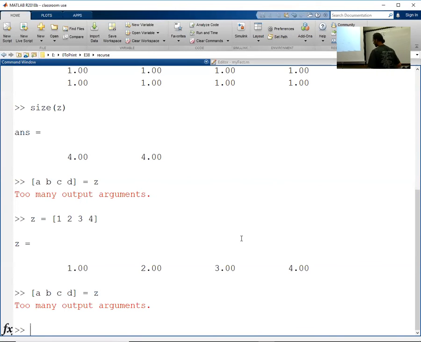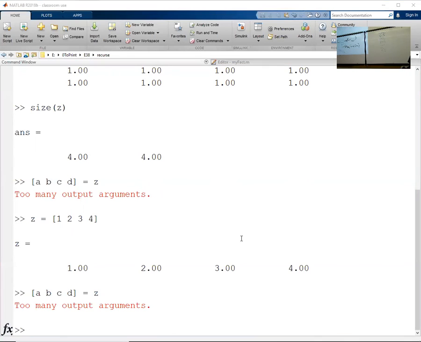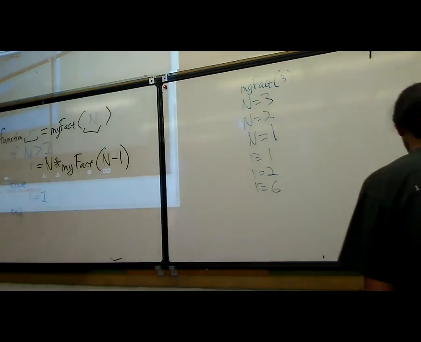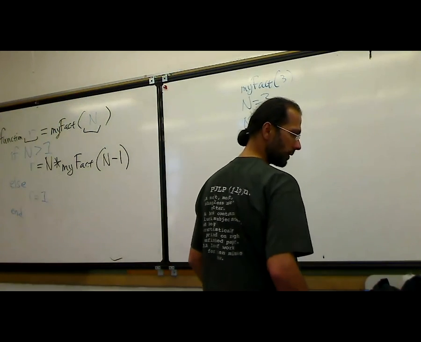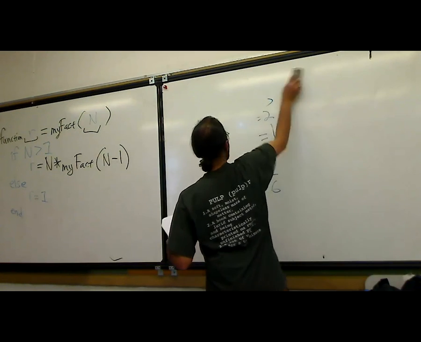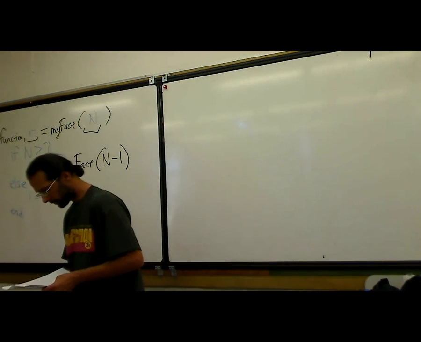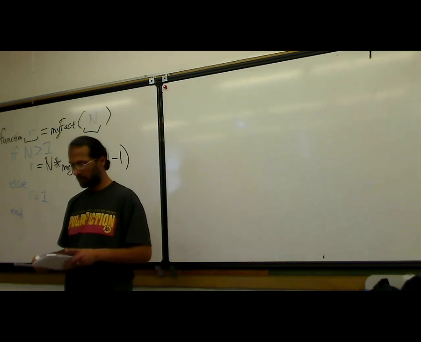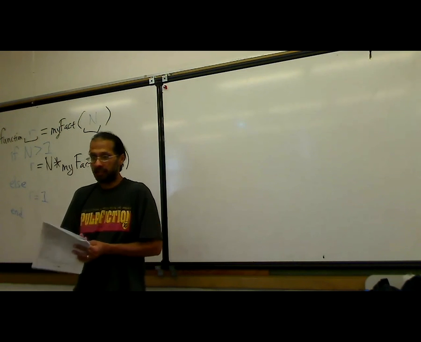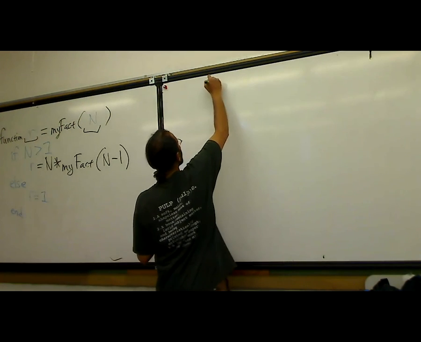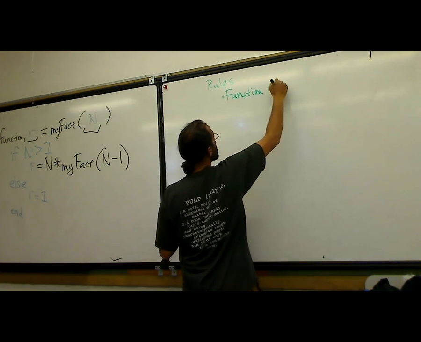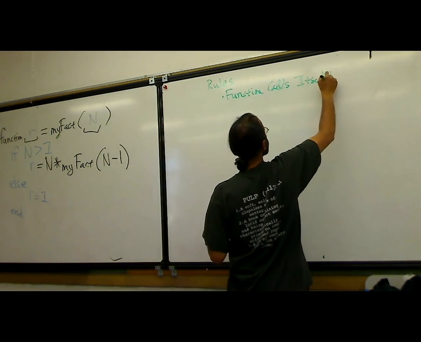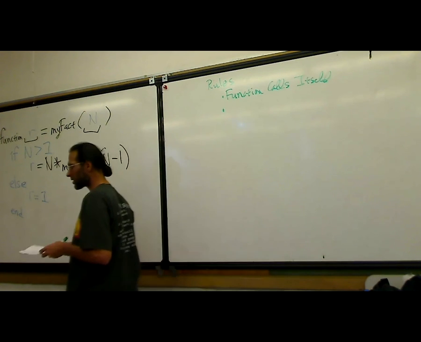That's good. I just want to be explicit about some rules for recursion. I'll put them up on the marker board. Okay, so rules for recursion. For one thing, the function is going to call itself. You must have a terminating condition.